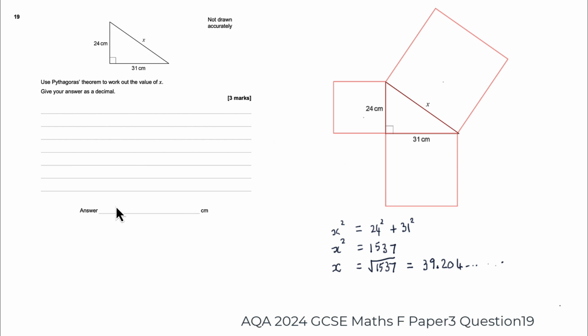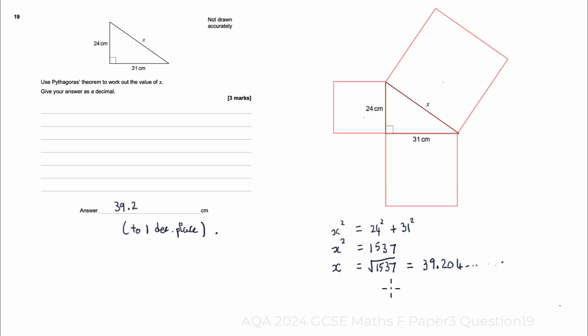So let's just round it to 1 decimal place. We've really vandalised that number by hacking off the rest of the digits there. So we'll say what we've done. That's to 1 decimal place. So 39.2 centimetres.